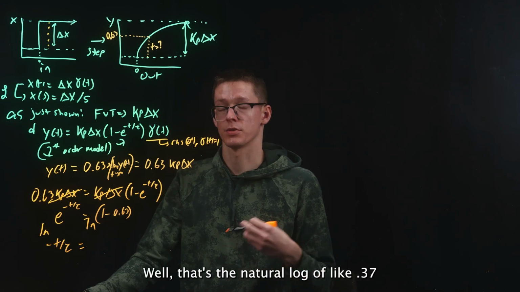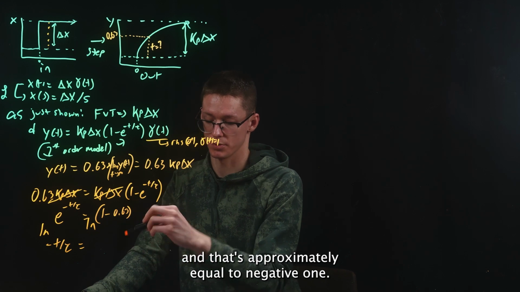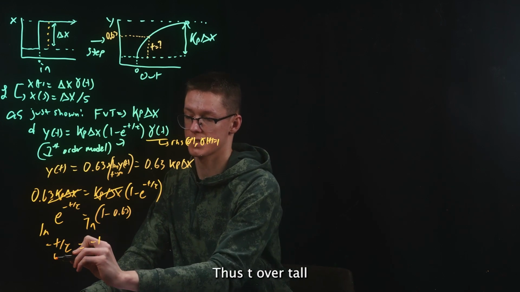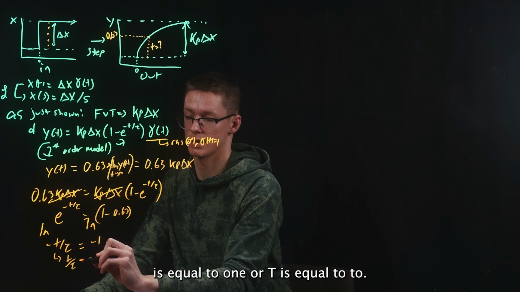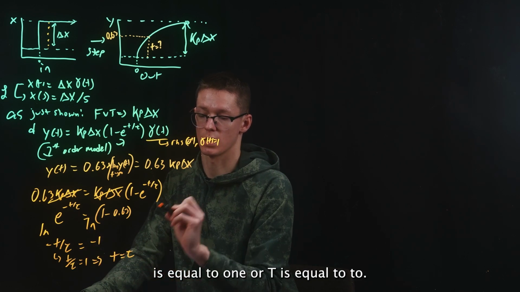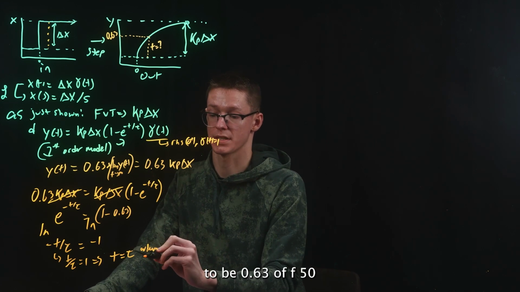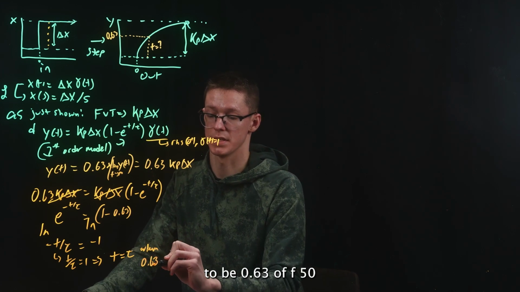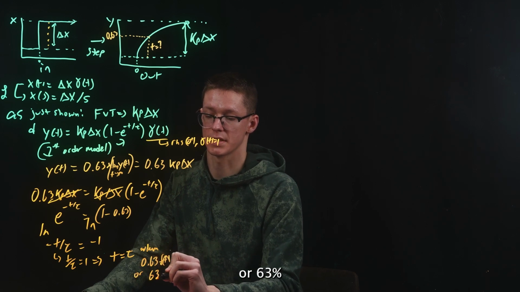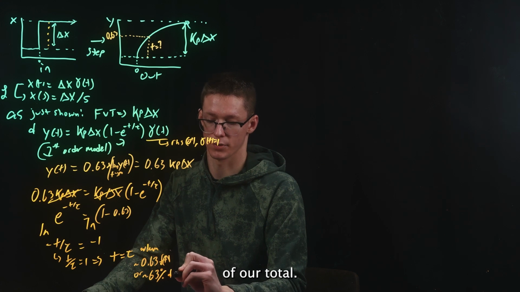That's the natural log of 0.37, which is approximately equal to negative 1. Thus, t over tau is equal to 1, or t is equal to tau when we are evaluating for this to be 0.63 of f of t, or 63% of our total.